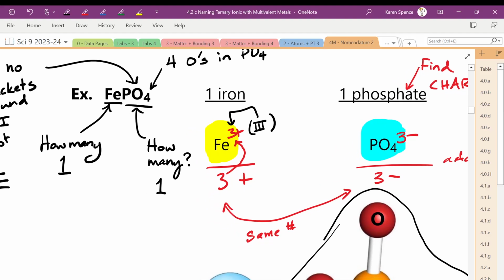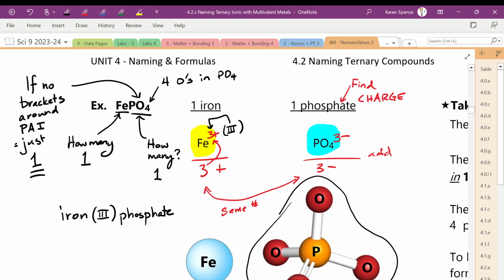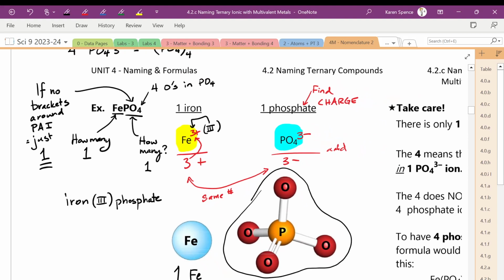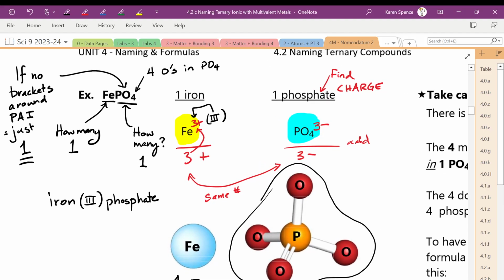And so our name then of this compound would be iron, Roman numeral 3, phosphate. Are we good? One more time.